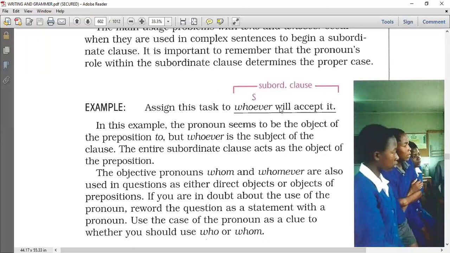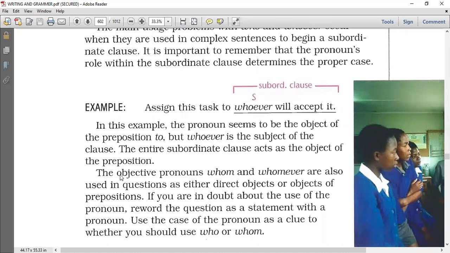So whoever is the subject of this verb, will accept. But whoever is the subject of the clause, as we said. The entire subordinate clause acts as the object of the preposition. So where is the object of this preposition? Because some people will say whomever, not whoever. No, the object of this preposition is this entire clause, all the clause.